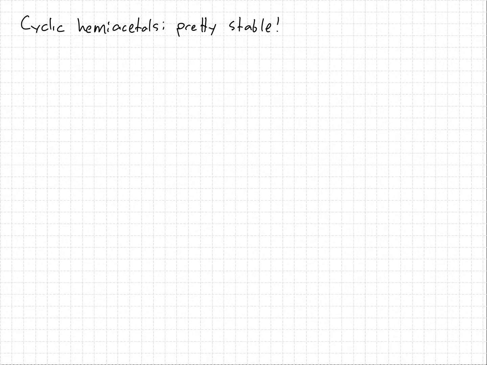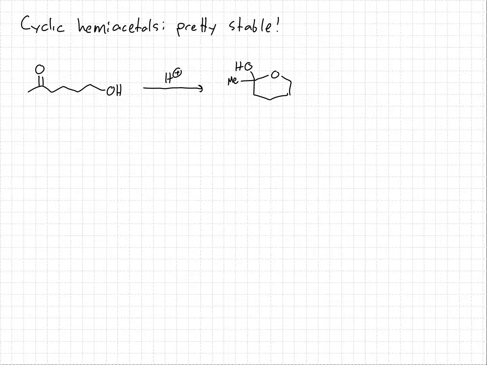All right, finally, let's look at the exception to the hemiacetal stability rule, cyclic hemiacetals. If we can make a hemiacetal which is cyclic, it is actually pretty stable. So this will happen in compounds that have both a carbonyl group and an OH group in the same molecule. In the presence of trace amounts of acid or base, these things will cyclize to produce cyclic hemiacetals.